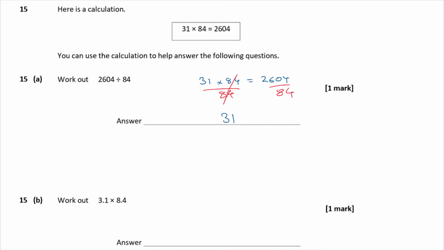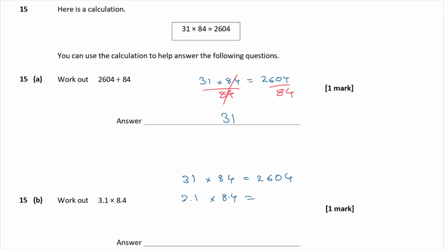Now if I want to work out what 3.1 times 8.4 is, I know that 31 times 84 is 2,604. Now 3.1 is a power of 10 less than 31, isn't it? So my answer is going to be a power of 10 less. But also 8.4 is a power of 10 less than 84.